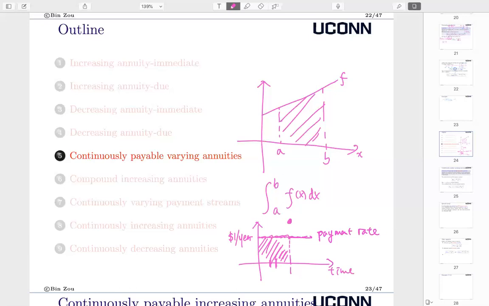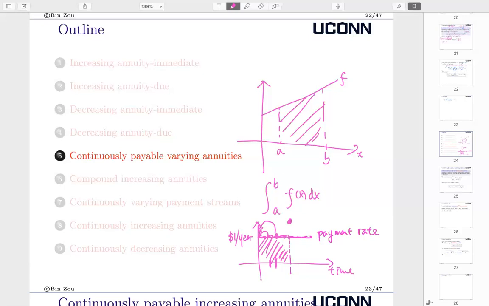And the payments at different times are going to have to be discounted differently, right? So this point is closer to 0, so it will be discounted less. This point is a little further away from 0, so it will be discounted more. So you need to also multiply by a discounting factor.